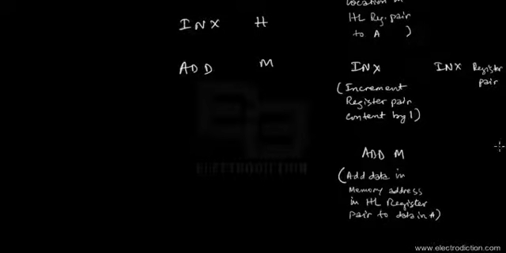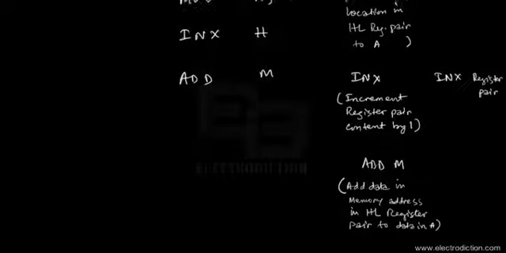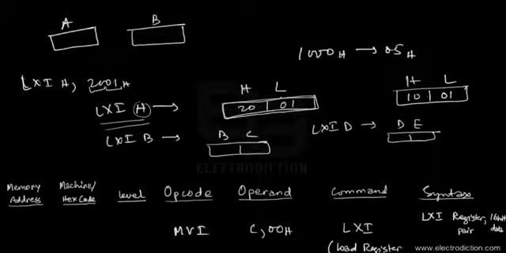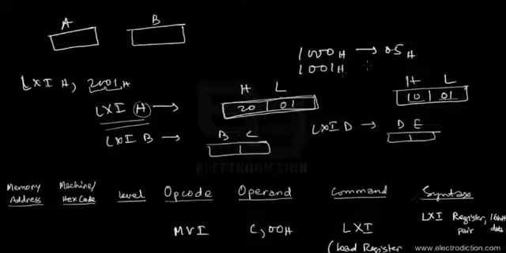So whichever data is present in the accumulator is getting added to the data present in the memory location stored in the HL register pair. Simply speaking, the HL register pair now stores the memory location 1001H, and we need to remember that 1001H is currently storing the data FFH.